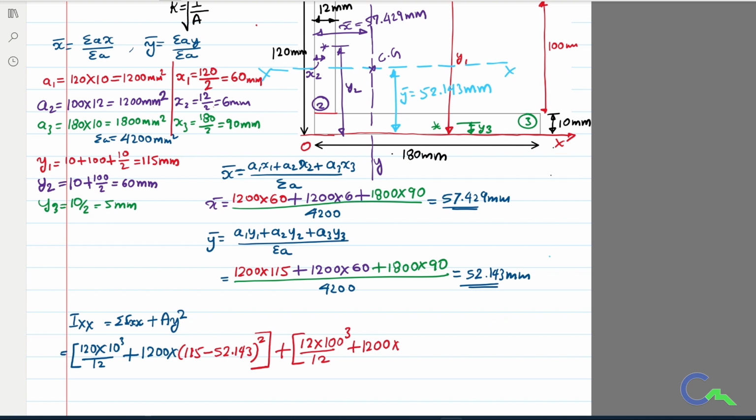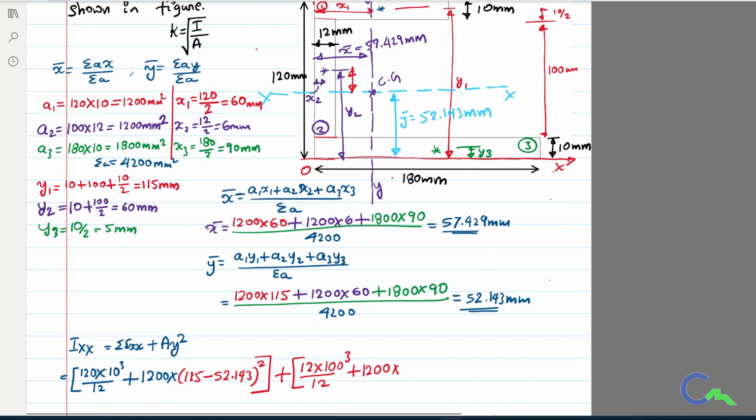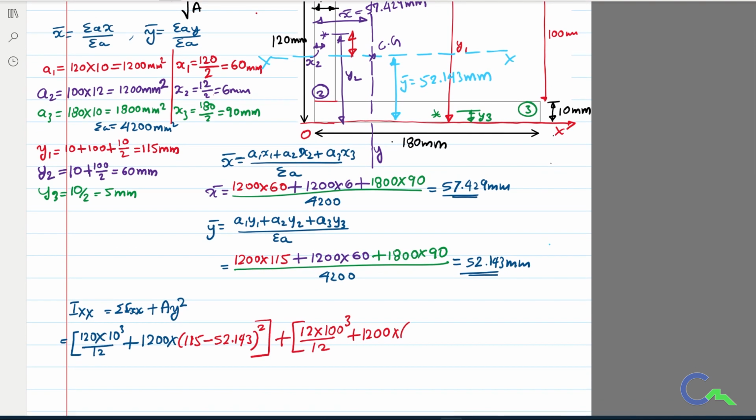Now I want the distance from the centroid of the second figure to the reference axis. That is y2 minus y bar. y2 we already calculated, that is 60 mm, and y bar is 52.143, that value whole square.